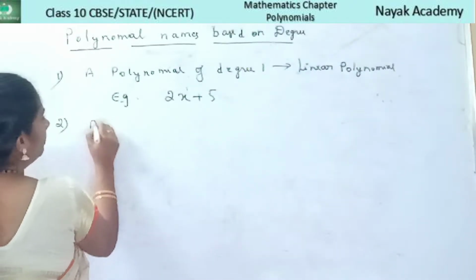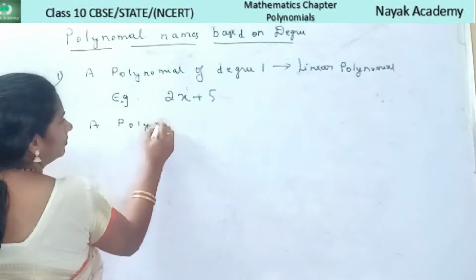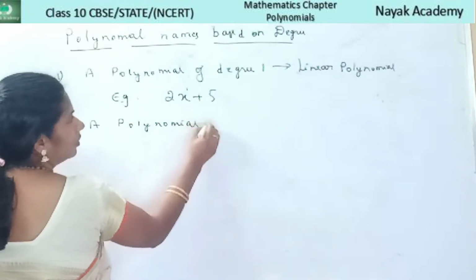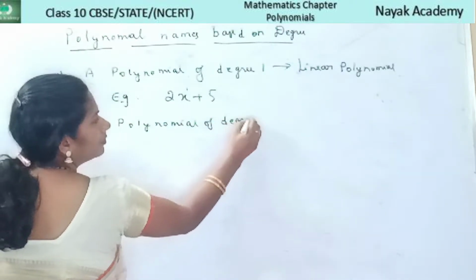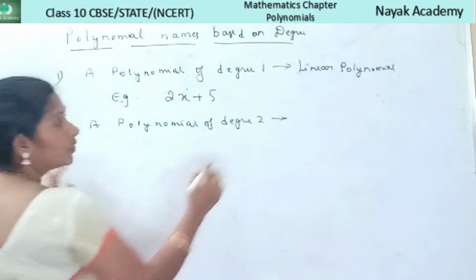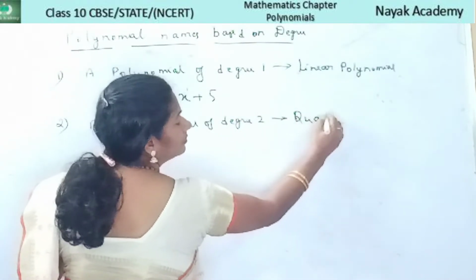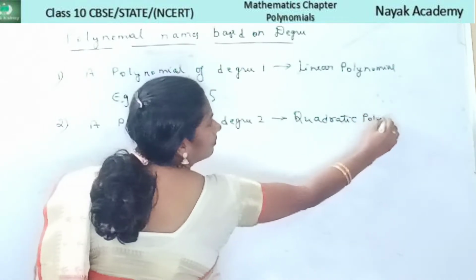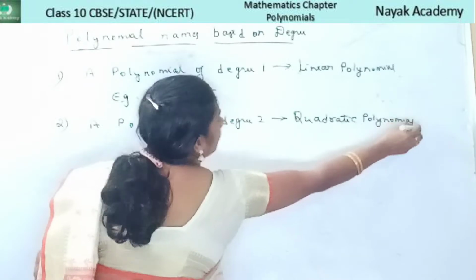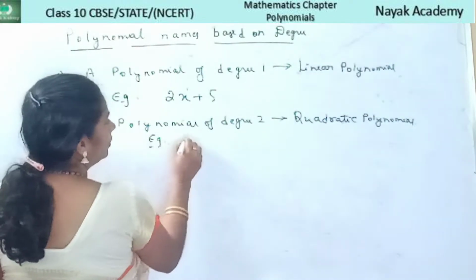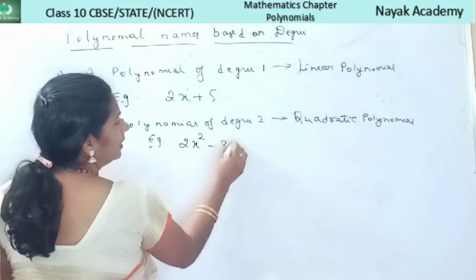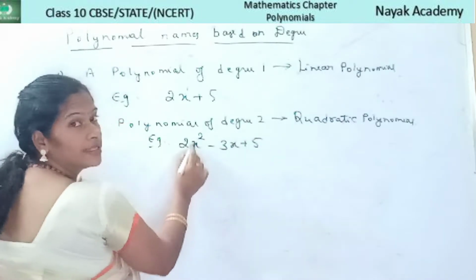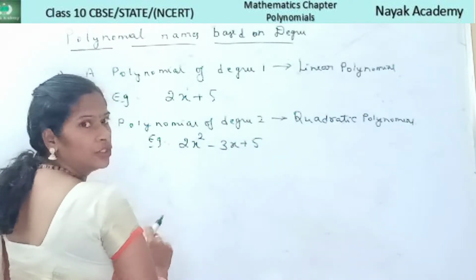Second type, a polynomial of degree 2 is called a quadratic polynomial. Example, 2x square minus 3x plus 5. The highest power of the variable here is 2.